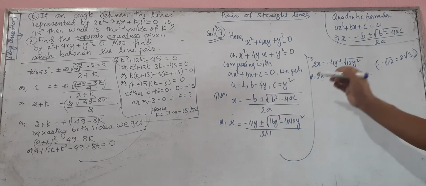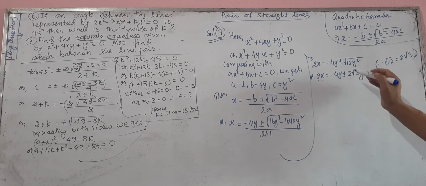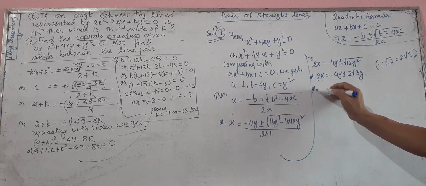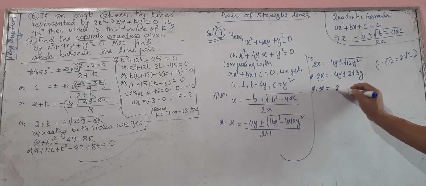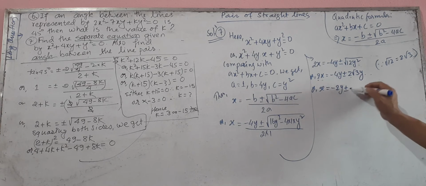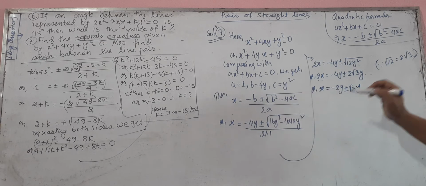We have a common factor 2, so we divide each side by 2 and get minus 2y plus minus root 3 y.